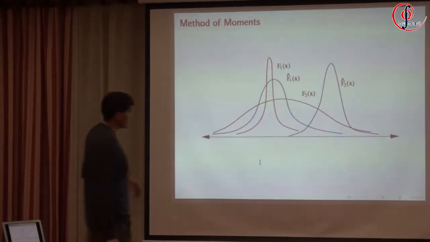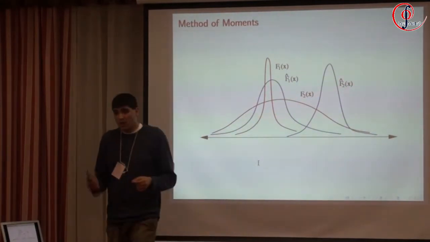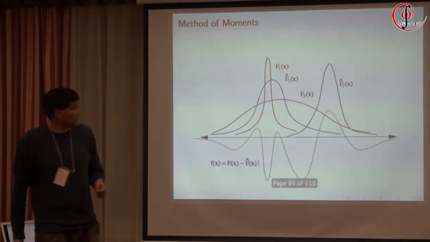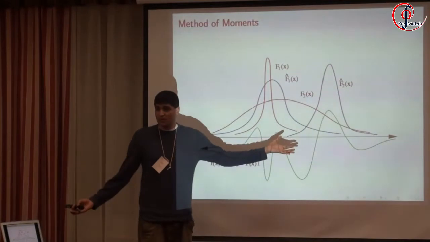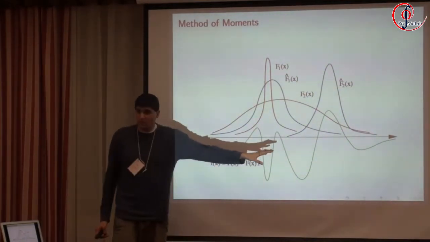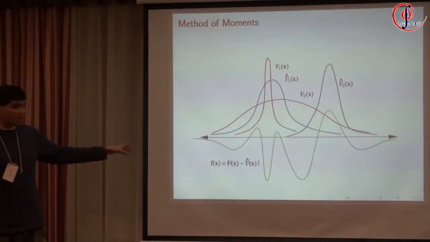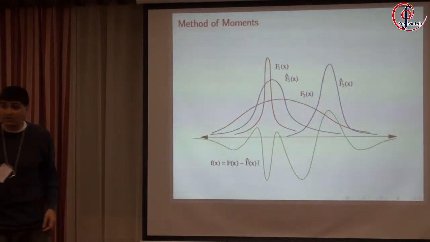So let's do the following thought experiment. Let's take this red mixture of two Gaussians, and let's pointwise subtract this blue mixture of two Gaussians. What we get is some function along the real line. It's this green function, and it crosses the 0 axis some number of times. What I claim is that what we're really looking for is to understand how many times this green function can cross the 0 axis.